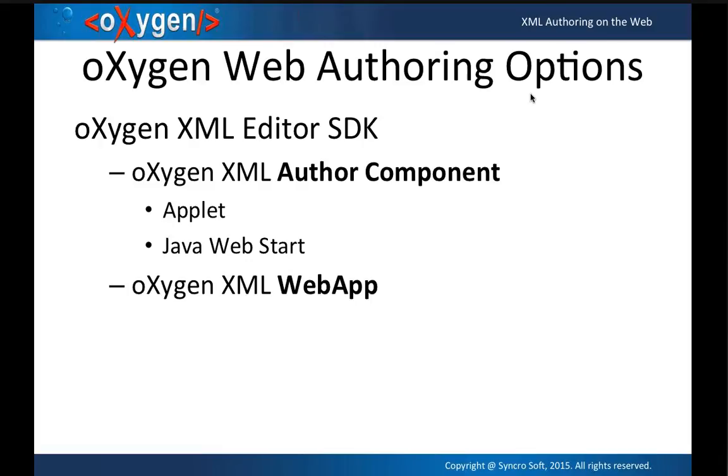A number of our content management system partners are using the oXygen author component to build Java applets and to provide web-based XML editors as part of their integrated solutions. It is possible to build also a desktop application around the author component and then distribute that over the web through Java Web Start. But this is a less integrated solution, as the application will run in its own window, not within the browser.